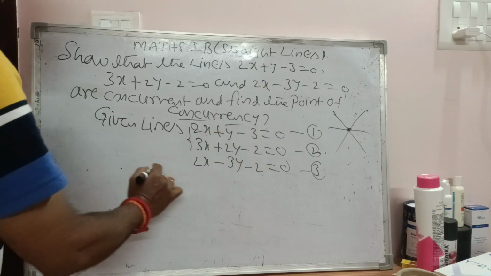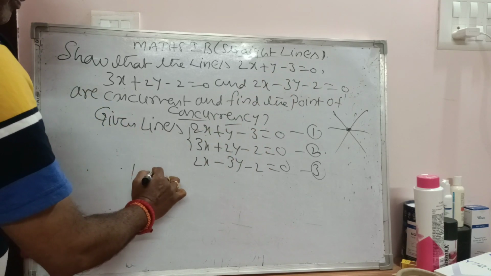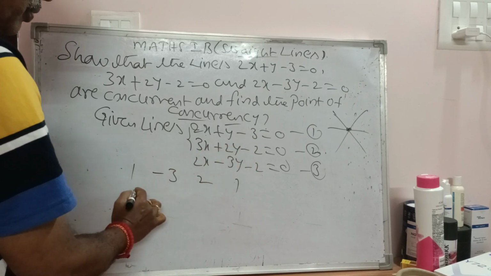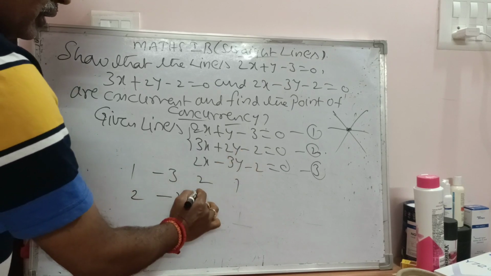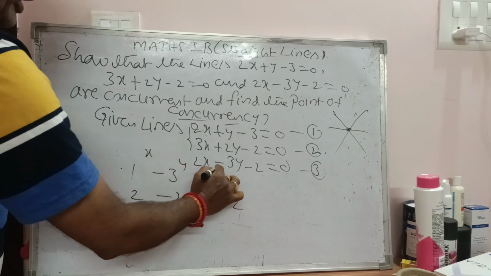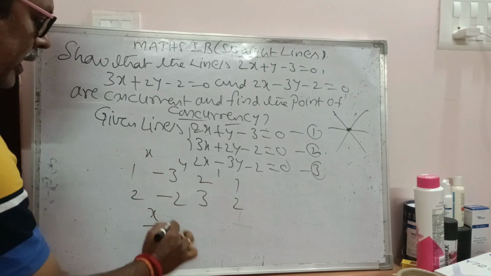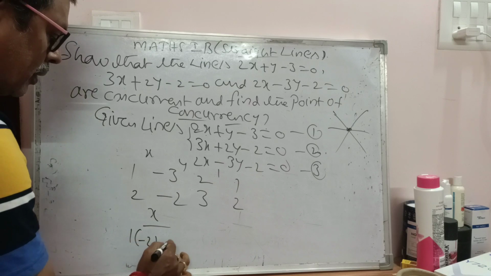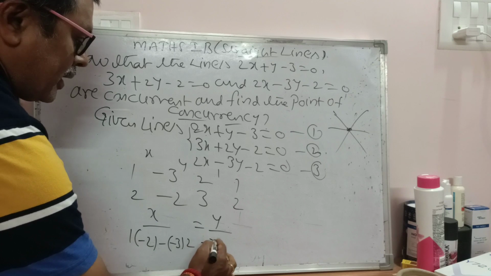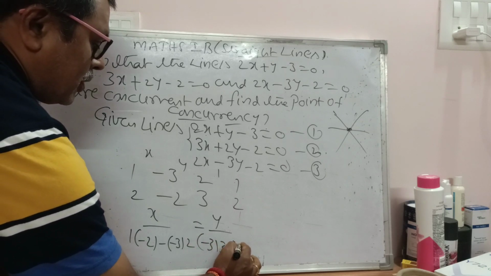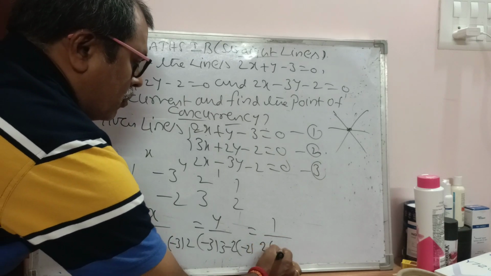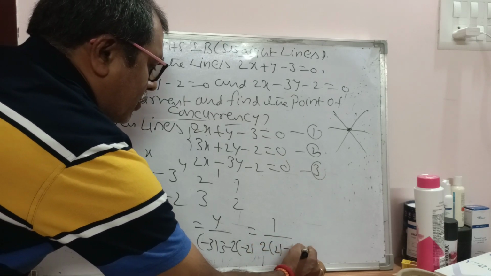Let us solve these two equations. Writing the coefficients: 1, 3, 2, 1, 2, minus 2, 3, 2. Therefore, x, y, 1. X by 1 into minus 2 minus minus 3 into 2 is equal to y by minus 3 into 3 minus 2 into minus 2 is equal to 1 by 2 into 2 minus 1 into 3.